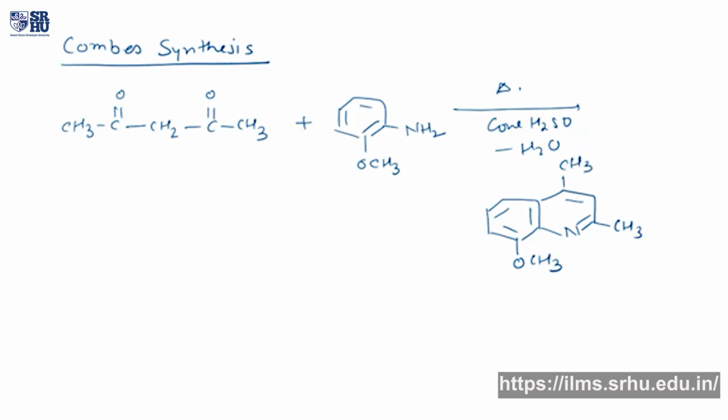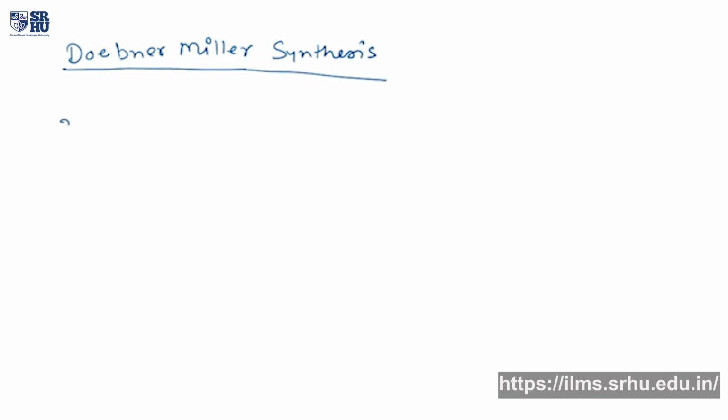So this is COMS synthesis. Now moving on to our next method of preparation. This is Doebner-Miller synthesis. What happens in Doebner-Miller synthesis is there are 2 moles of acetaldehyde.